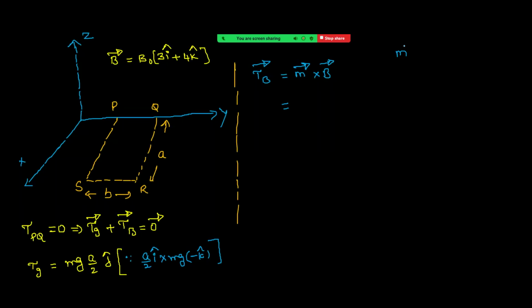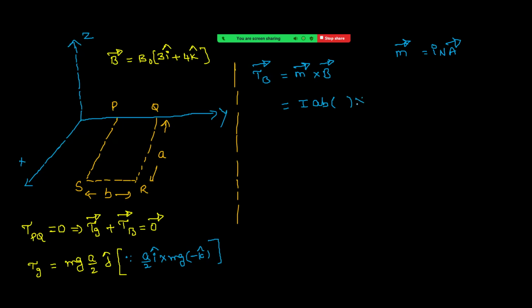We know m bar equals I into n into a bar, right? So I am focusing only on the modulus value first. So it is I into, number of turns is 1, area equals A into B. Okay, the direction part we have to decide.